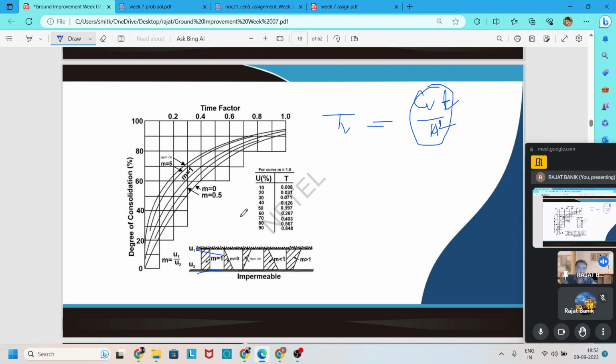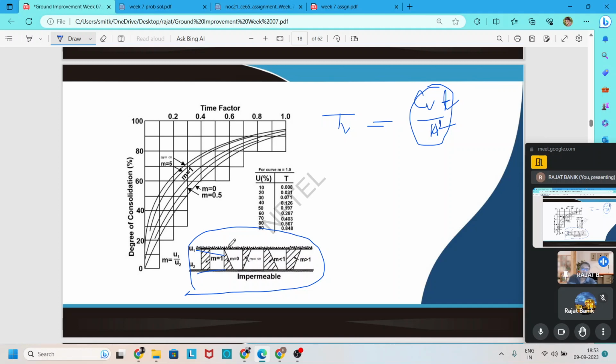Here we see different cases, and for each case a different m is calculated. For the first case, when the excess pore pressure is uniform throughout the layer, m is equal to 1. And when the excess pore pressure is 0 at the top layer and there is some value present at the bottom layer, then m is equal to 0, because m is equal to u1 by u2.